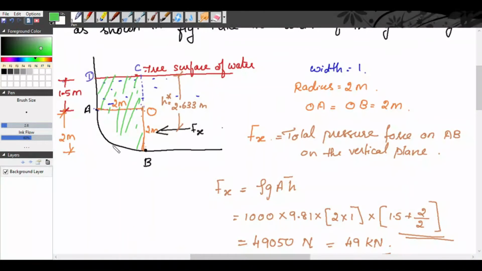It is nothing but the volume of DCOA plus the volume of AOB. Volume is area into thickness. First of all we will consider the portion DCOA.